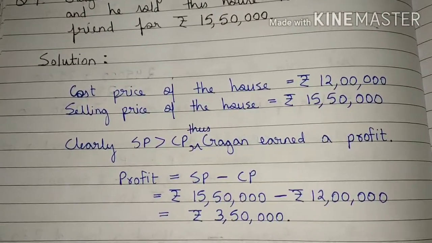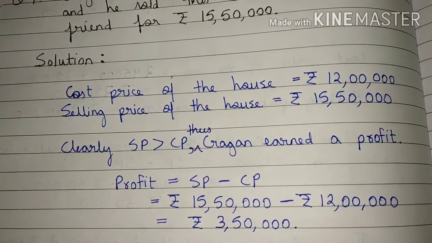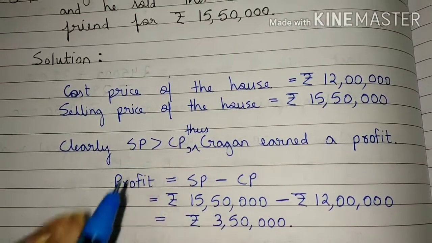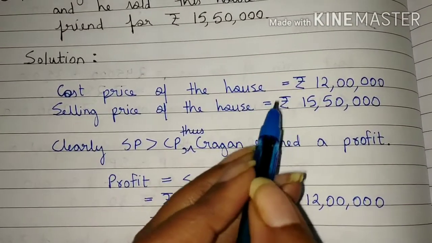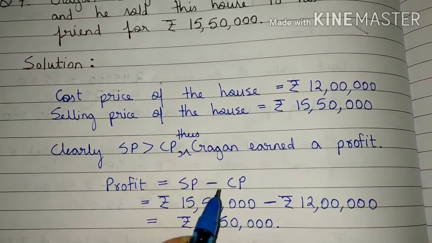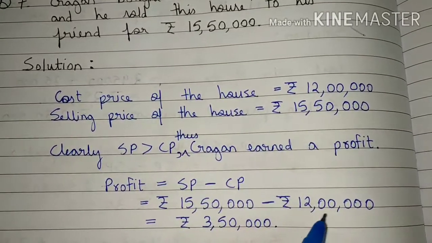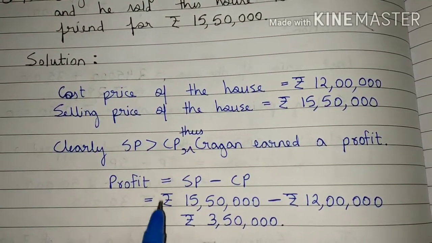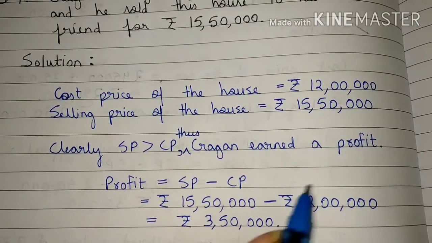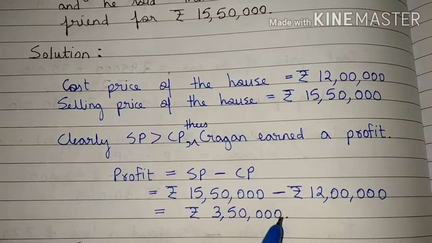Now students, how will you calculate profit? Profit is equal to selling price minus cost price. Selling price is rupees 15 lakh 50,000 and cost price is rupees 12 lakh. So, rupees 15 lakh 50,000 minus rupees 12 lakh is rupees 3 lakh 50,000.